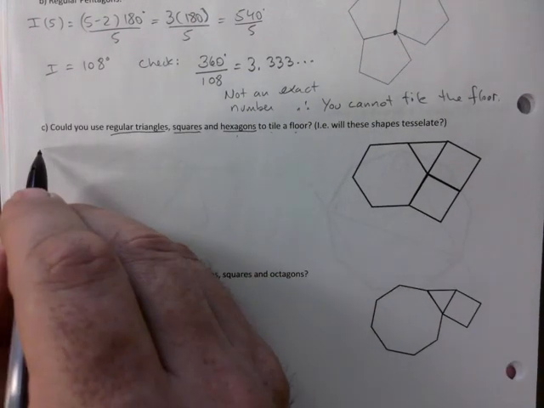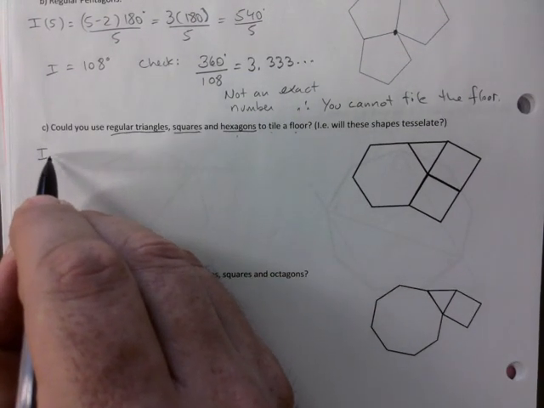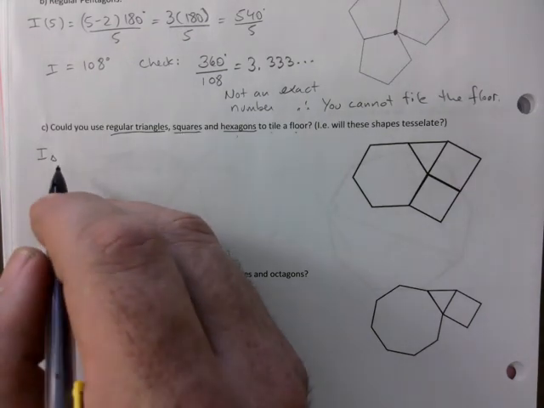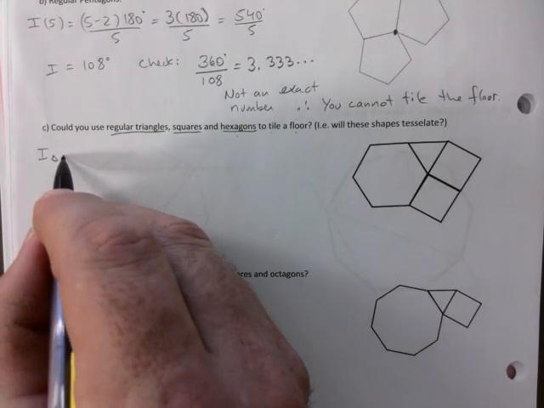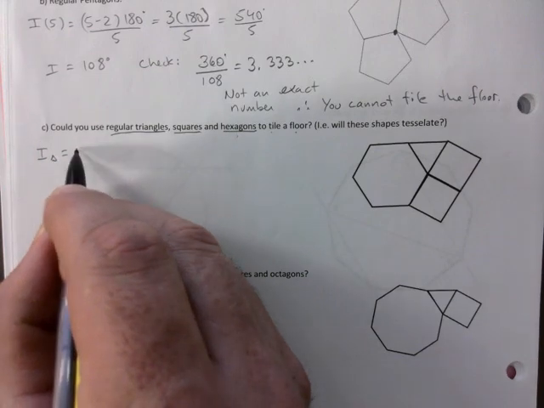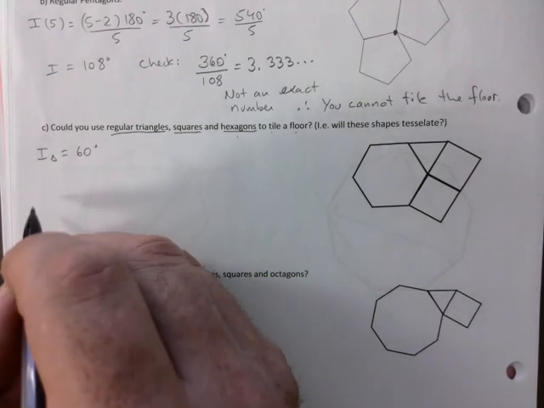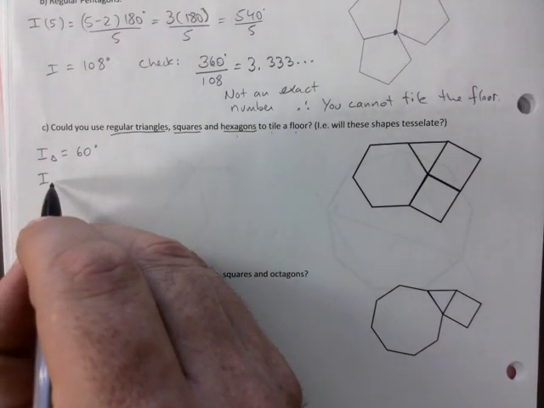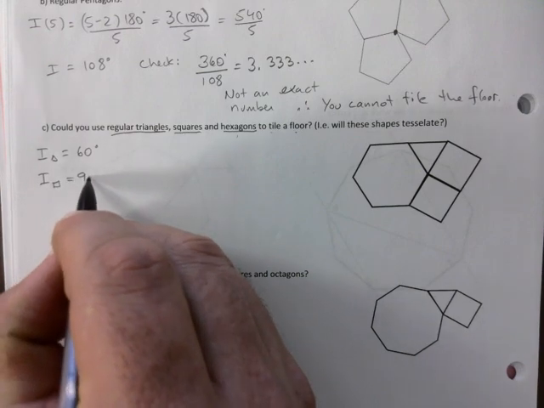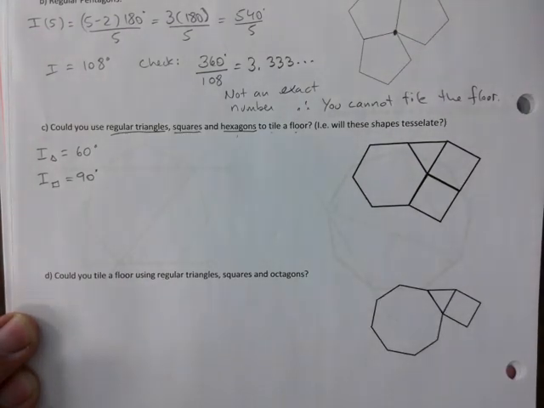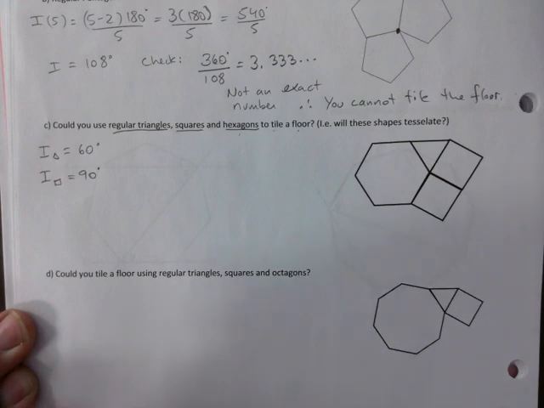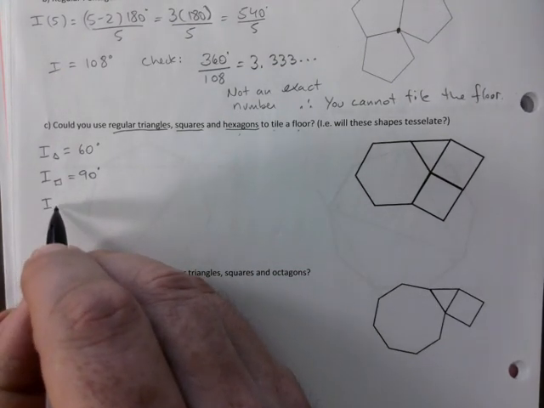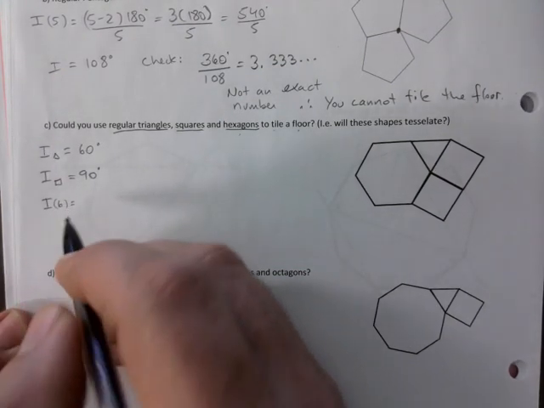Let's try this. I give you full permission for triangles and squares to just give me the number. The interior angle of a triangle would be 60 degrees. The interior angle of a square would be 90 degrees. Interior angle of a hexagon, anybody remember?